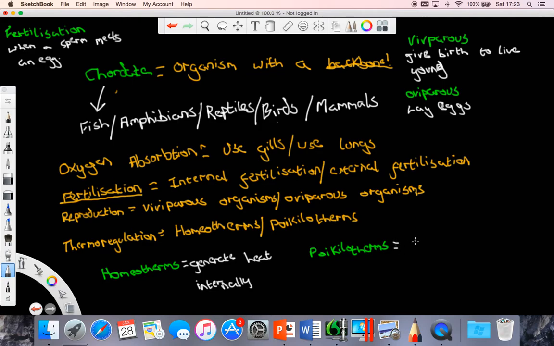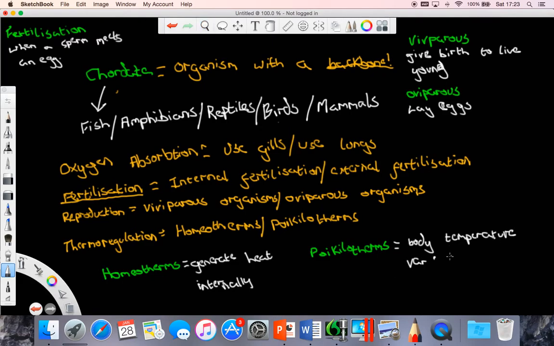So poikilotherms, their body temperature varies with the environment.